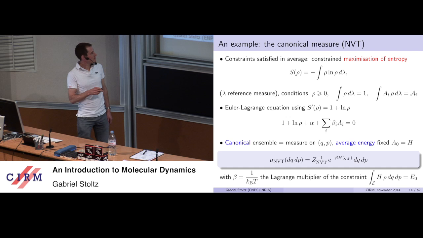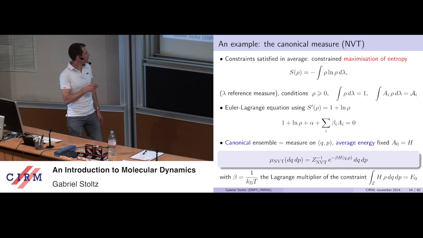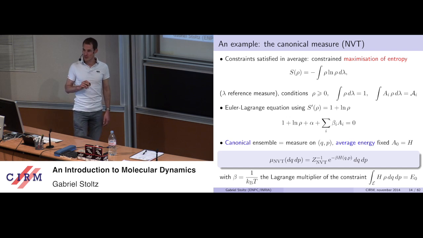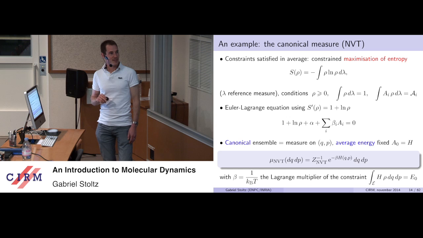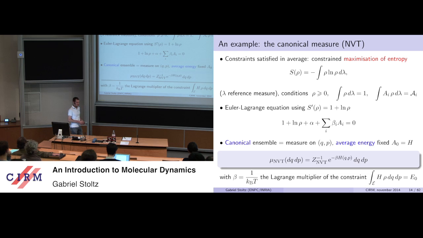You see that beta, which I write as 1 over k_B T just for notational convenience, is the Lagrange multiplier of the energy constraint. One magic thing in statistical physics is that this Lagrange multiplier is 1 over k_B T, where T is some kind of physical temperature.